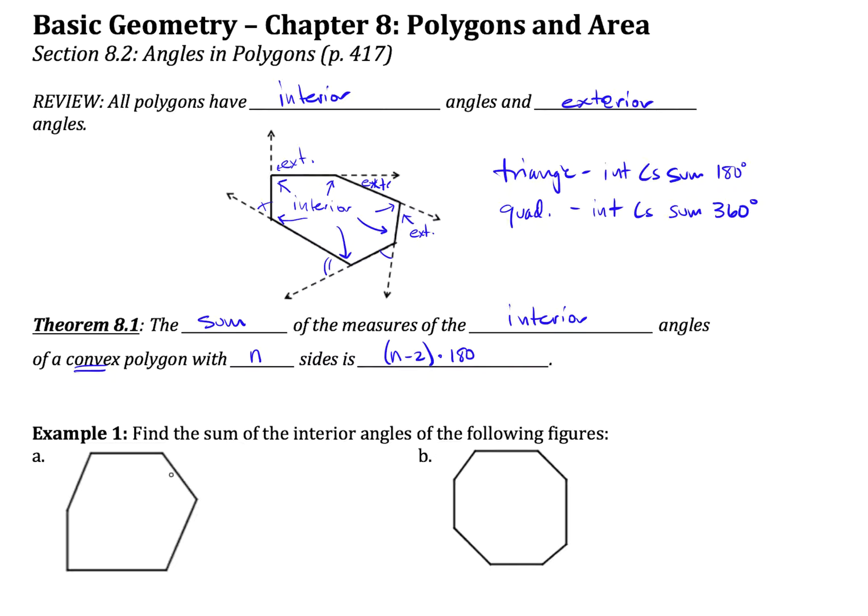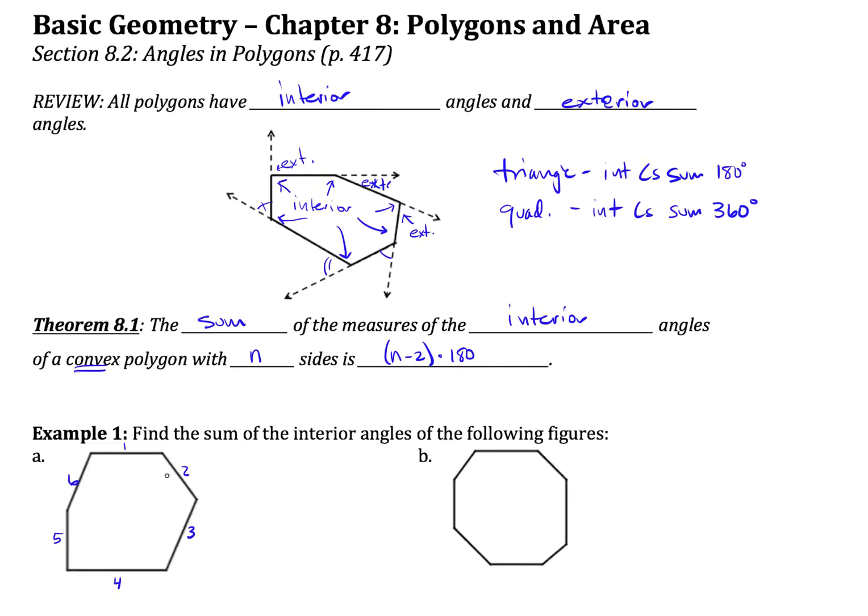So in example 1 down here, we have a couple of polygons that we have to find the sum of the interior angles for. So the first thing we need to do is do a quick count of how many sides each polygon has. So I'll just label them here. I have 1, 2, 3, 4, 5, 6. So this is another hexagon, just like what we were looking at up here. This is a hexagon with 6 sides.